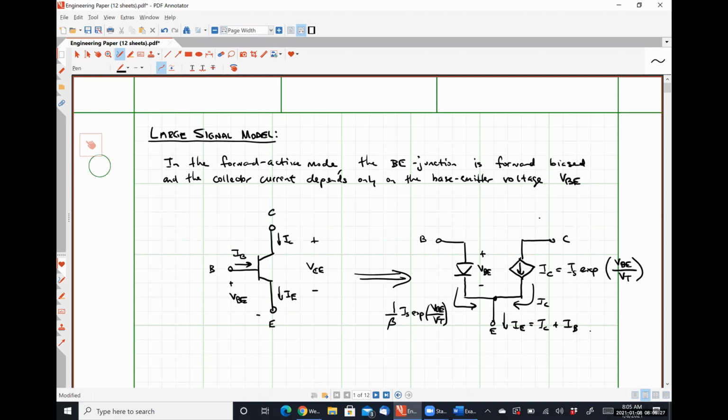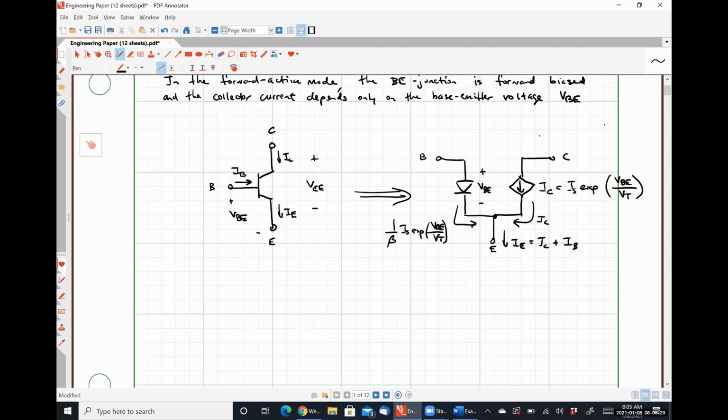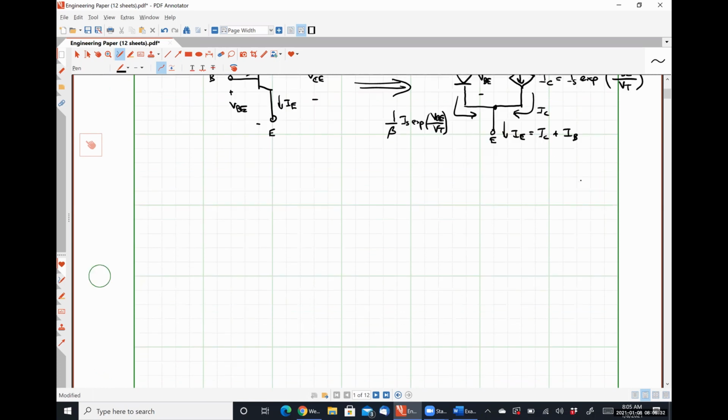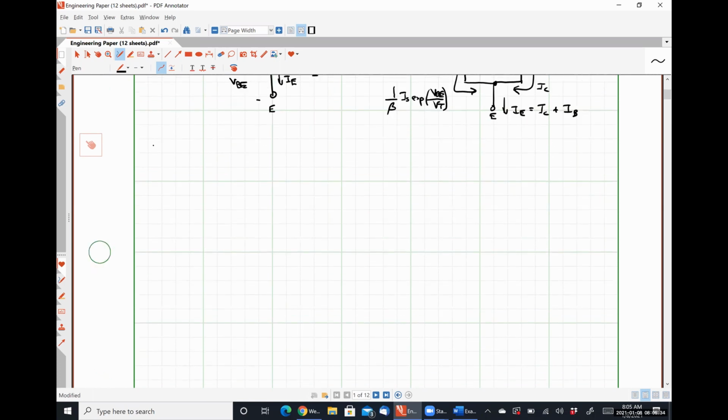So let's put this guy into action and analyze a few circuits. So let's say that I have the following circuit. I have positive 2 volts applied up here.